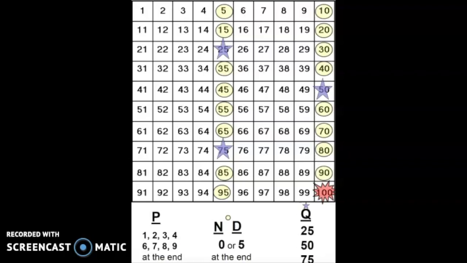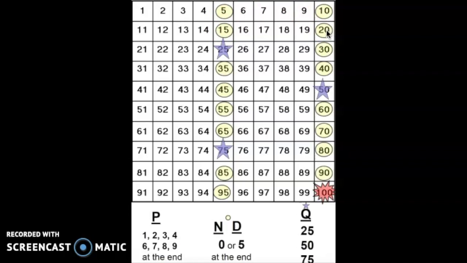The same concept is visually shown on our numbers chart. So if you want to count by pennies, you just count by 1, 2, 3, 4, and so on. If you want to count by nickels, which is 5 cents, you can count by 5: 5, 10, 15, 20, and so on.